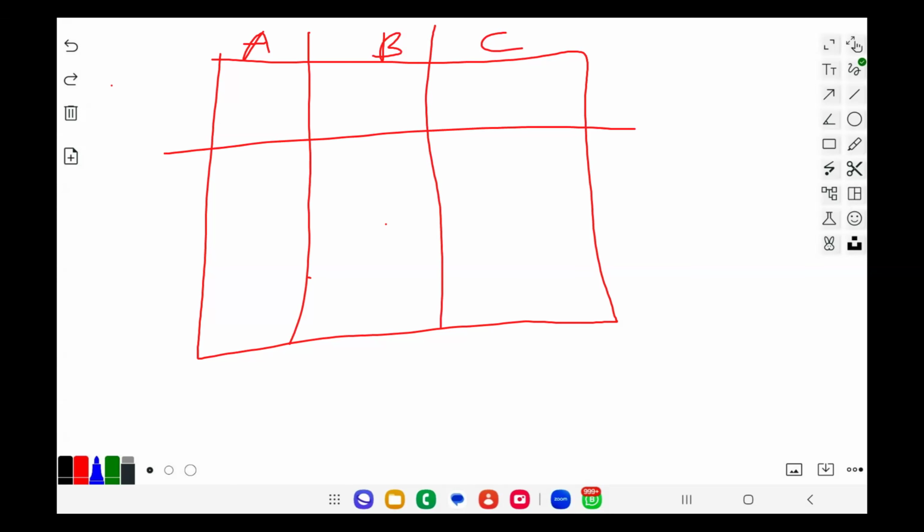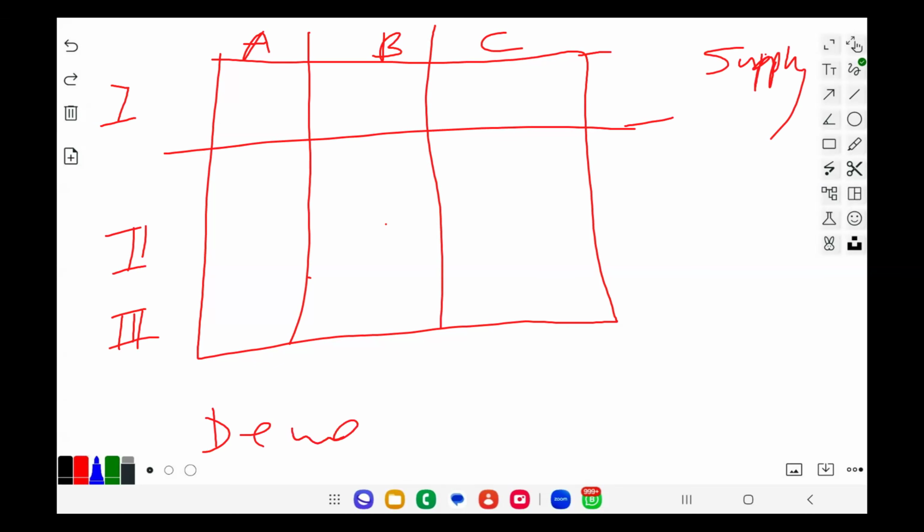So you have sources on this side. We have three sources where the goods are coming from, and the top ones, A, B, C, are destinations. Then you have supply on this side, and we have demand down here.